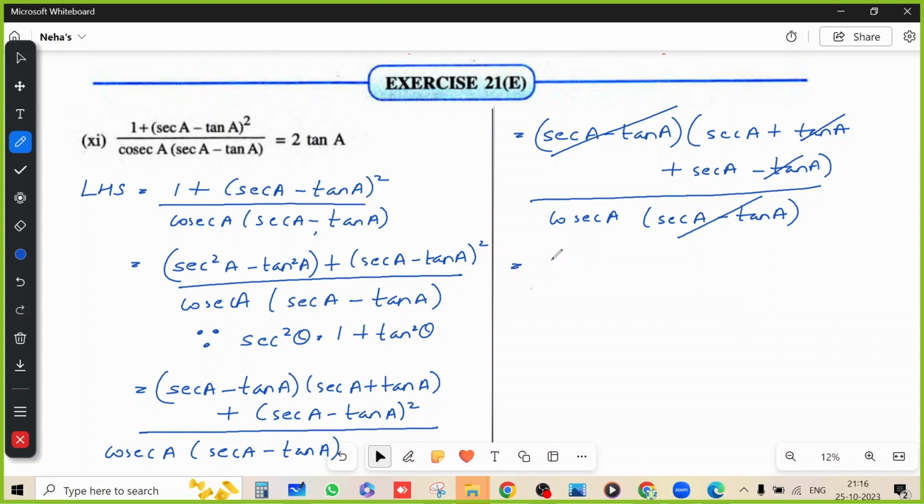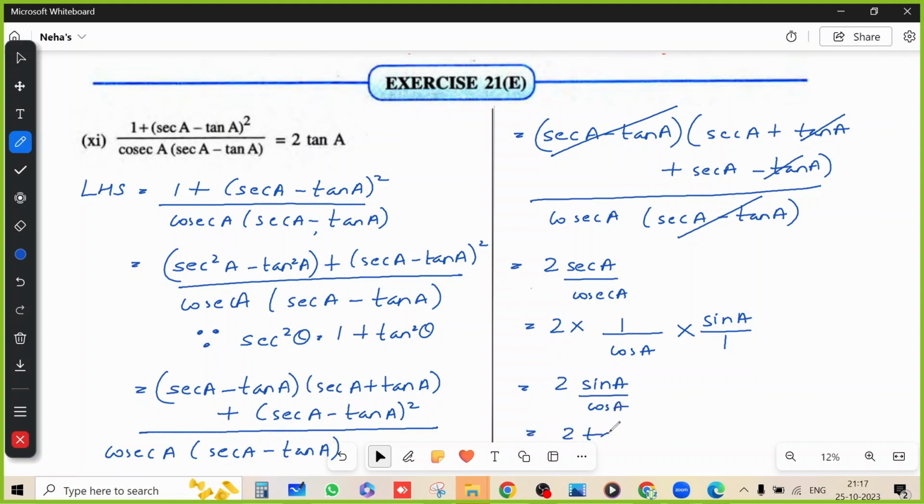So this will become 2 sec A divided by cosec A. Now sec A can be written as 1 upon cos A, and cosec A can be written as 1 upon sin A, because sec A is the reciprocal of cos A and cosec A is the reciprocal of sin A. So this is 2 sin A divided by cos A, and that is equal to 2 tan A, which is equal to the RHS, and hence we have proved.